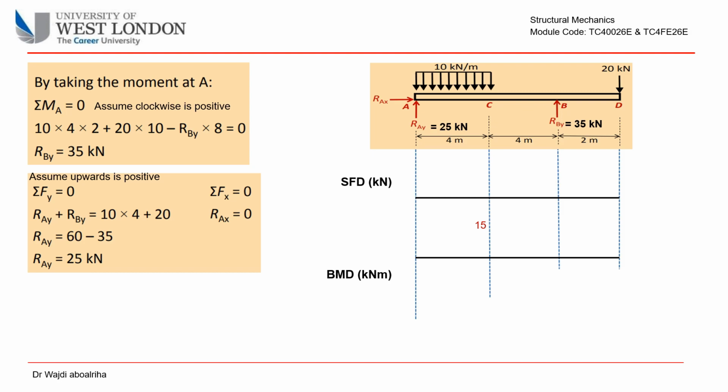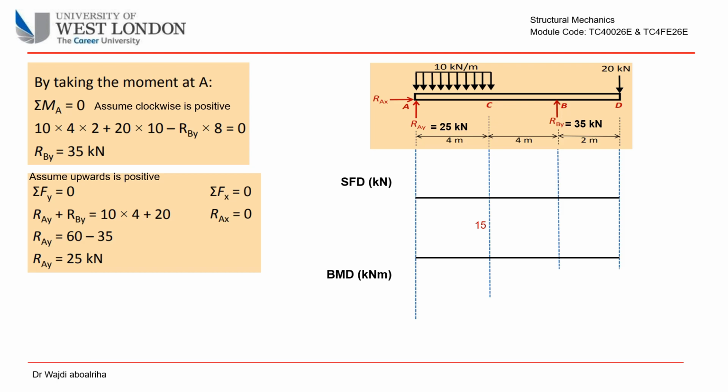Calculate shear force at C, taking either the left or the right side of point C, using summation of Fy equals 0. Shear force at C equals 15. Now we can draw the shear force diagram.